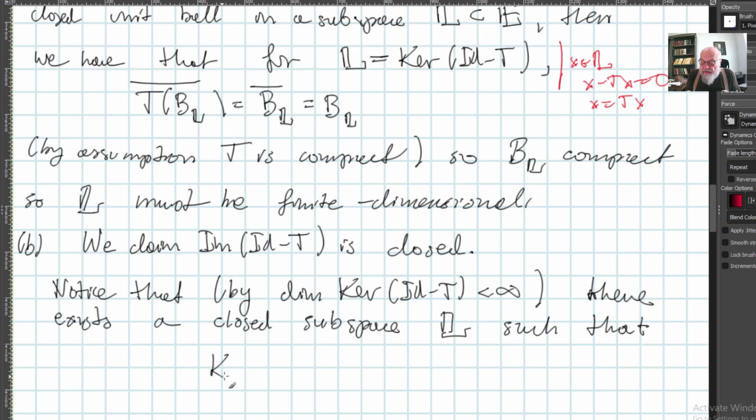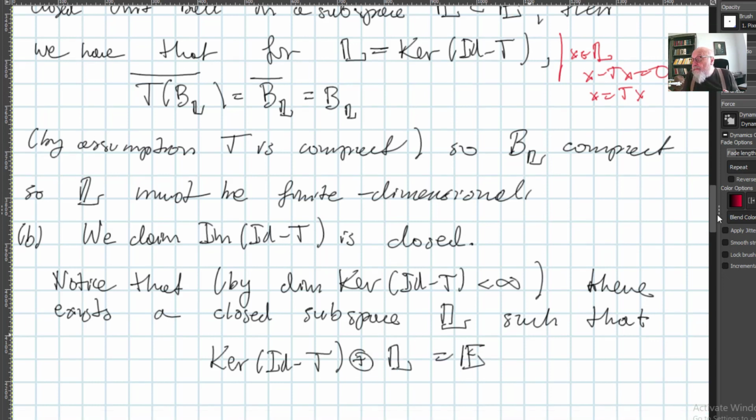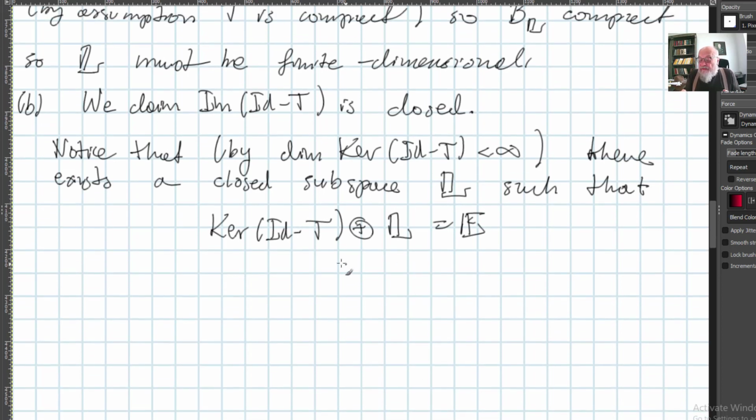That means the kernel of identity minus T plus L is equal to E, and since elements from the kernel go to 0, we have here that T applied to L is exactly the same as the image of identity minus T.